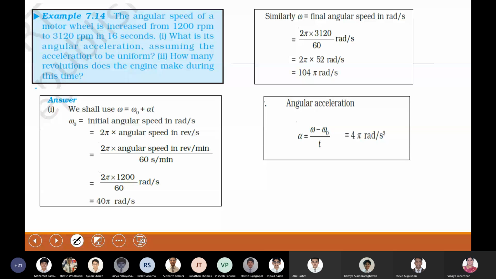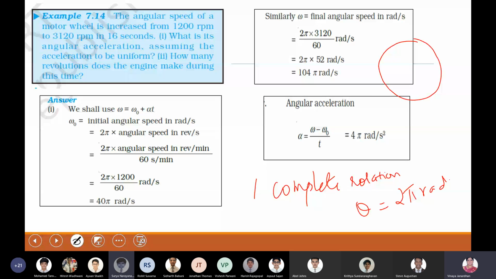So for one complete rotation, your angle swept should be equal to 2 pi radians. How many revolutions does the engine make during this time? It means complete revolutions.